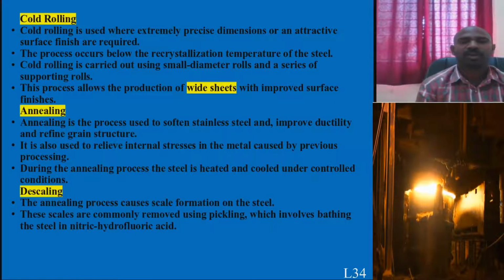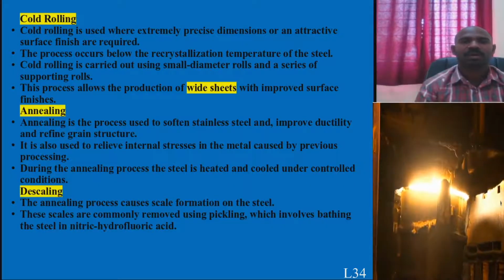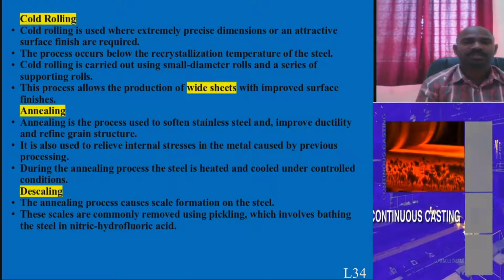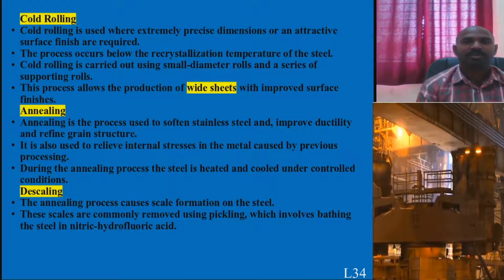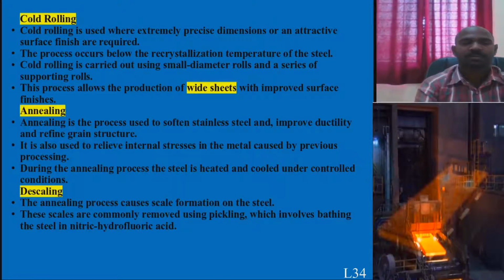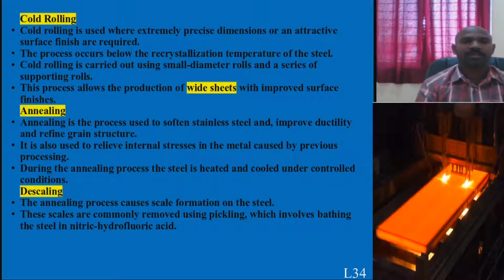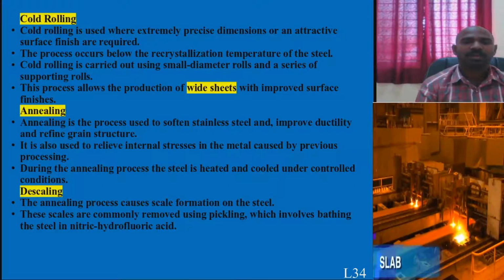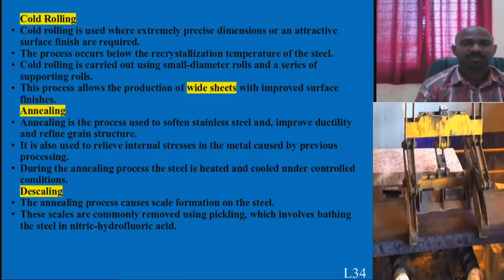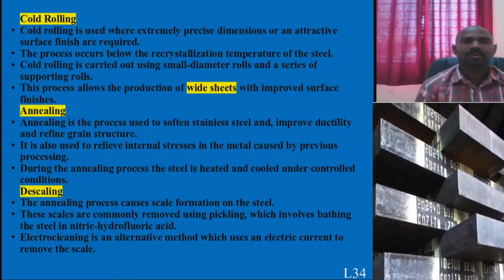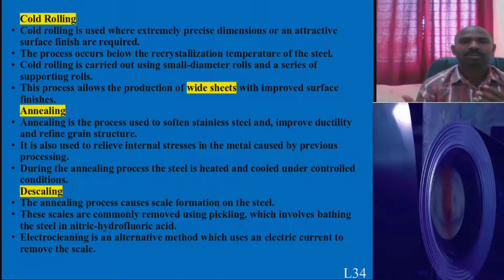Pickling is nothing but taking the acids such as nitric and hydrofluoric acid and dipping these particular large length bars and rods as they are into that bath for an hour, and you will find that the scale is dissolved, and you take out those particular goods and take them into the atmosphere. That is nothing but descaling. Descaling is done. There are other methods, electro cleaning, where you send the electric current to remove the scale.